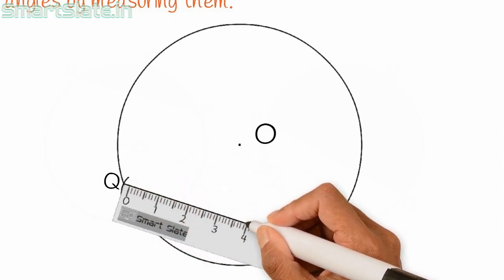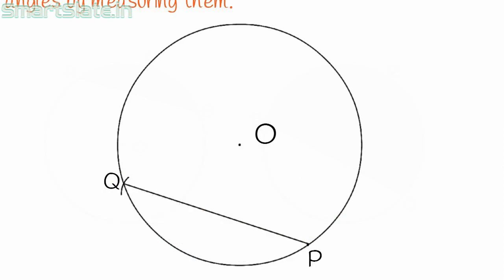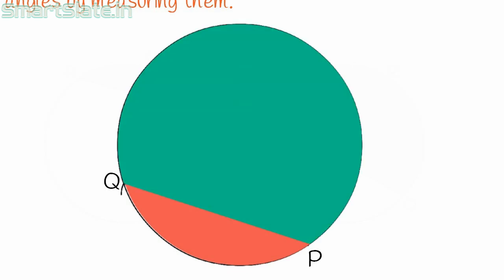Connect P and Q. We have chord of length 6 cm. This is minor segment, whereas this portion is major segment. We will draw angle and verify in minor segment angle is obtuse and in major segment angle is acute.